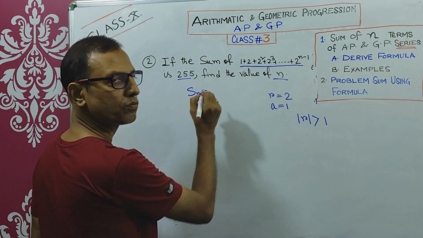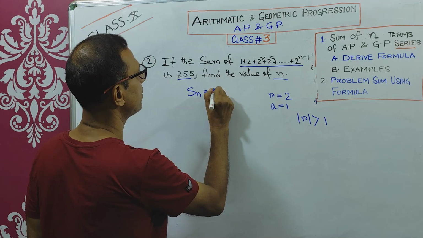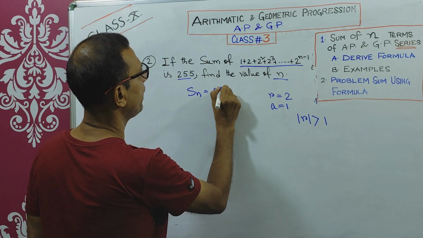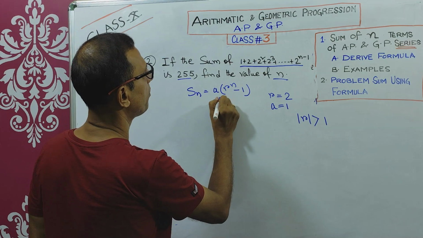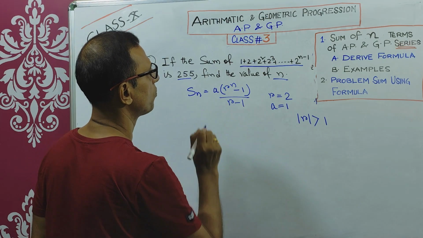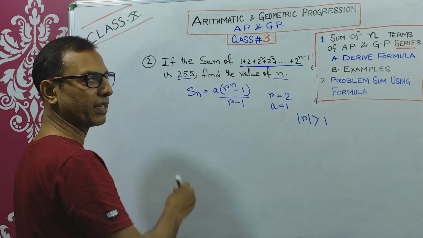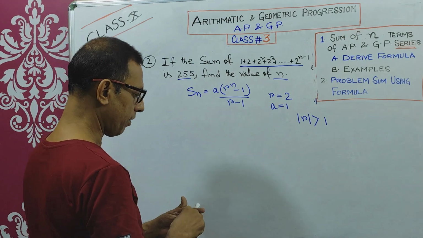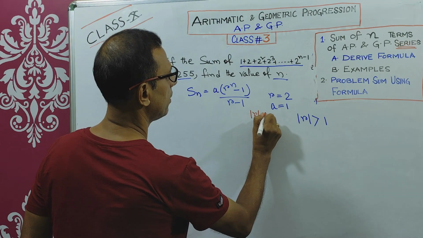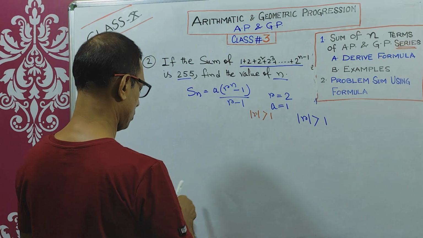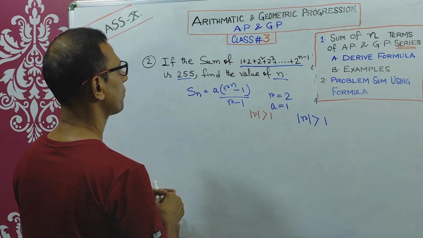R minus 1, since mod R is greater than 1, right? That means A into R to the power n minus 1 by R minus 1. This formula we will use, not 1 minus R to the power n, because our mod R is greater than 1, right?